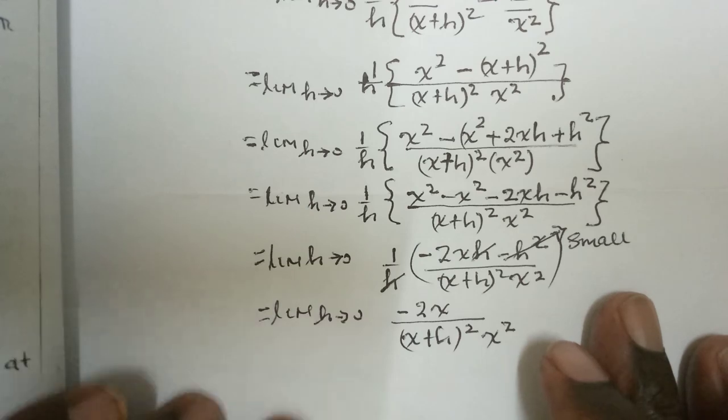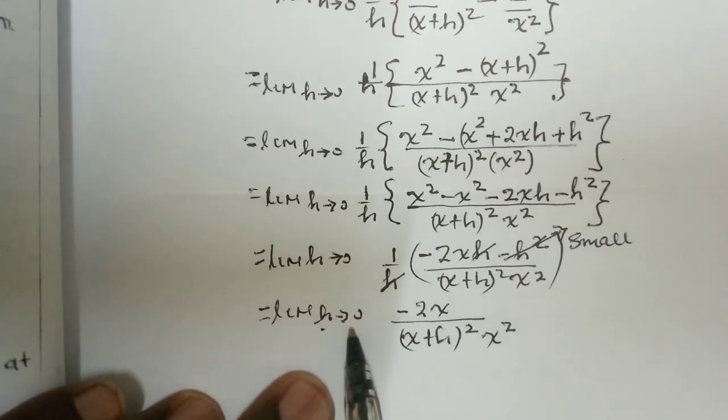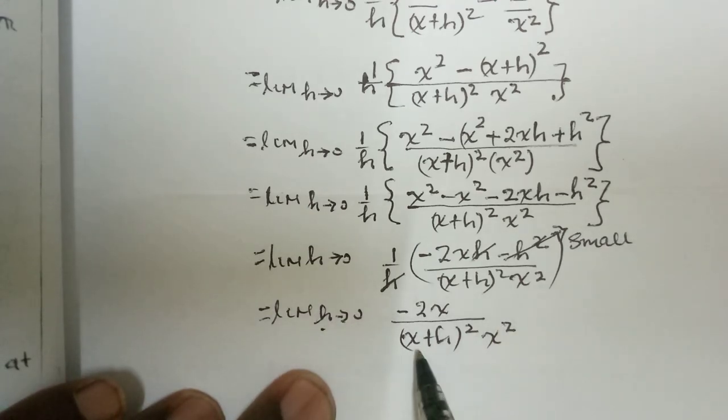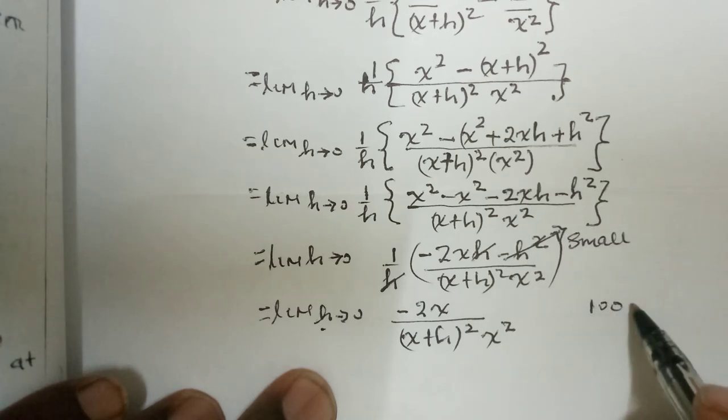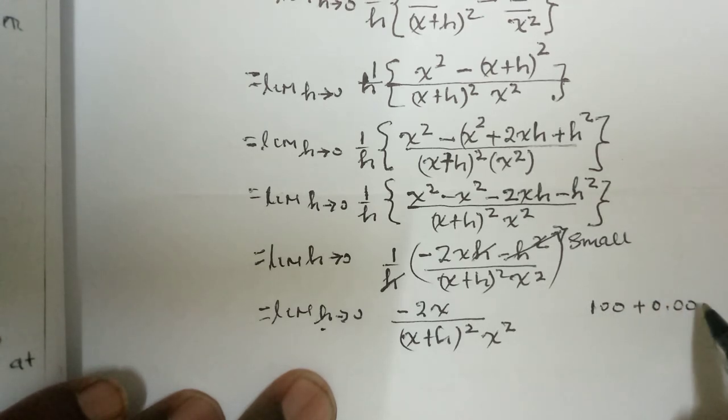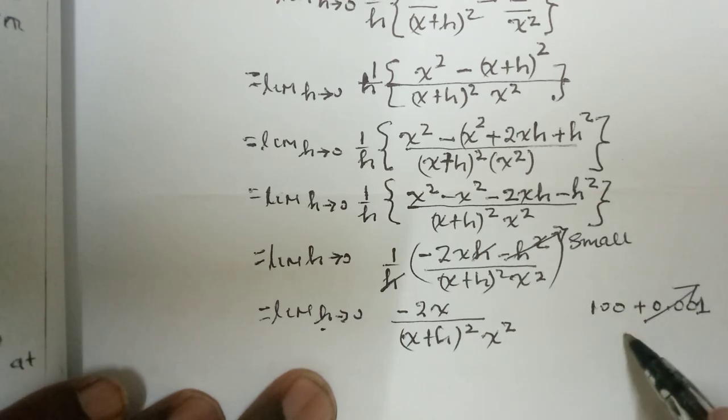With this one, we are saying that h will tend to 0. If you have a very small number, you add to a big number, for example, you have 100 plus 0.001, this one now becomes negligible.